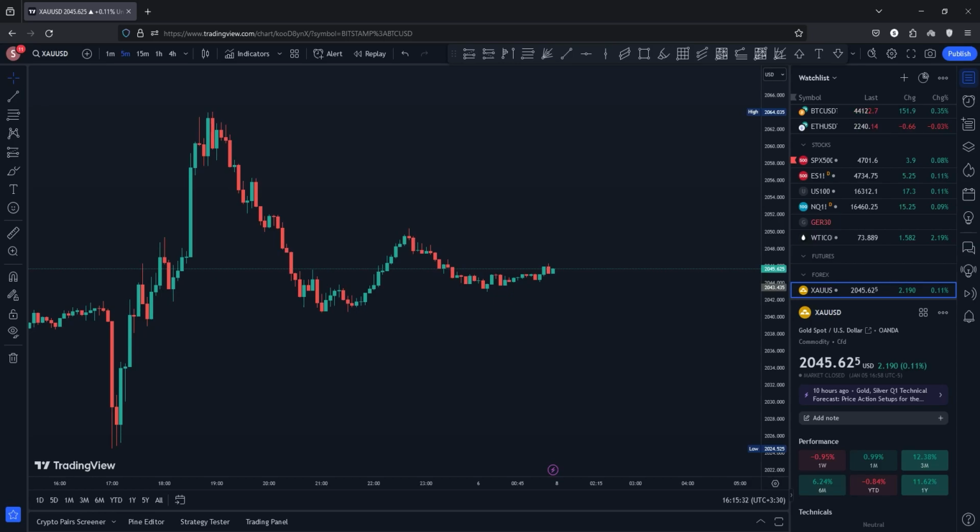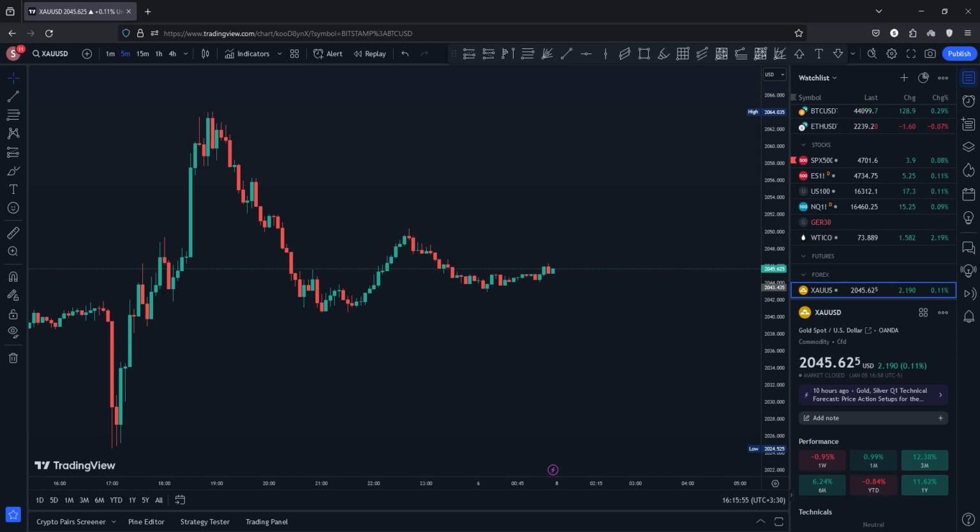So indicators are measurements that help us to locate where the price is going, calculate some stock market things, and help us see where the price goes.